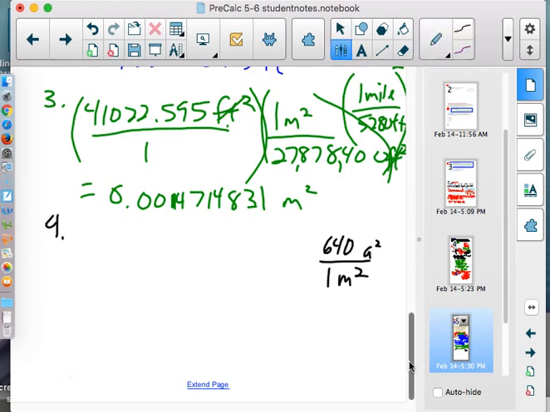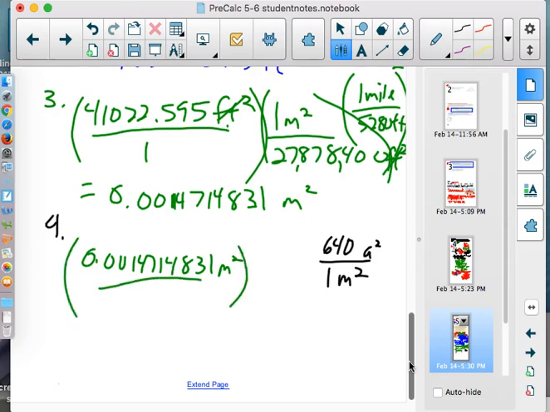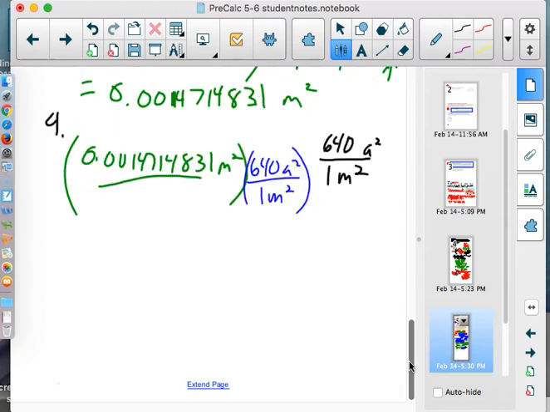So we're going to take our little 0.001471481 square miles, and we are going to take that times 640 square acres over 1 square mile, because it's just called an acre. It's not called a square acre, but we know that acres have to do with length and width.